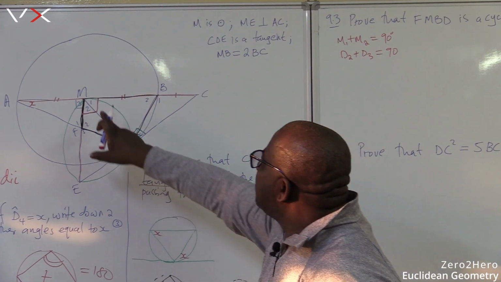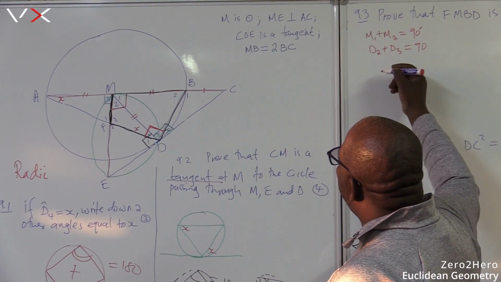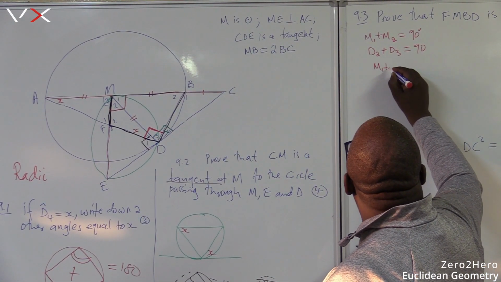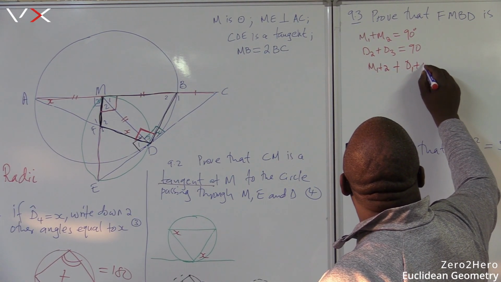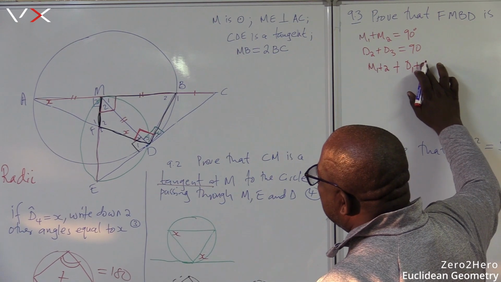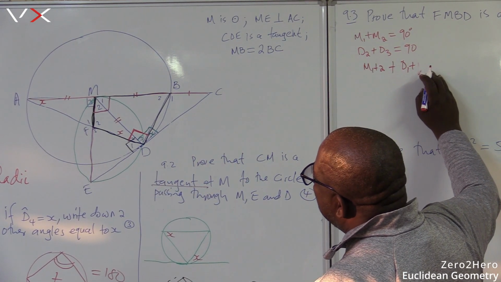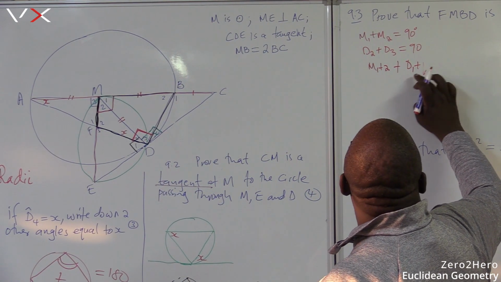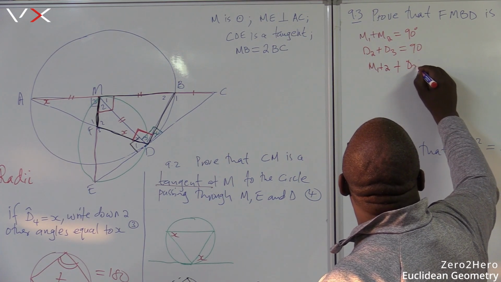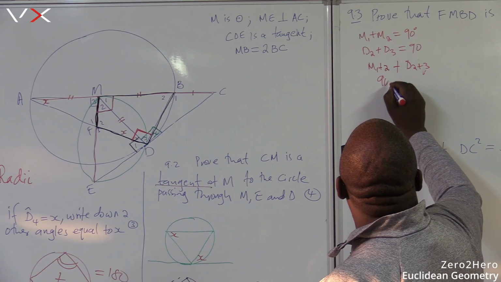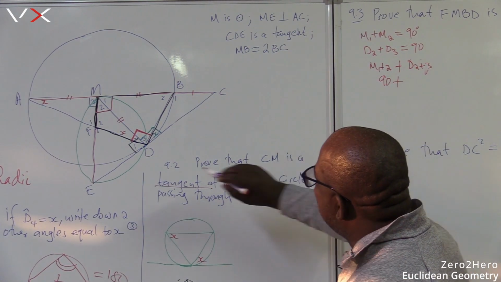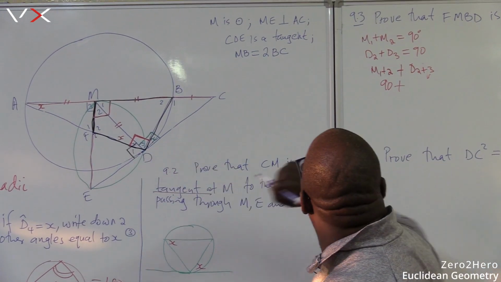Now let's add these two and see what we get. If you add M1 plus M2 plus D2 plus D3, what do we get? M1 plus M2 is 90 degrees, plus D2 plus D3, which is also equal to 90 degrees.